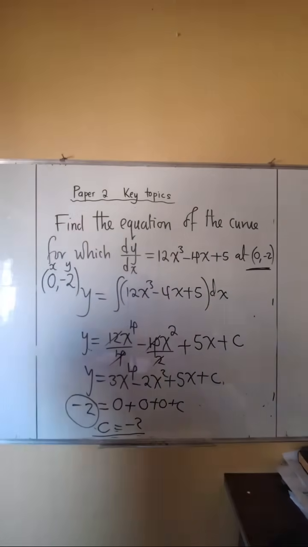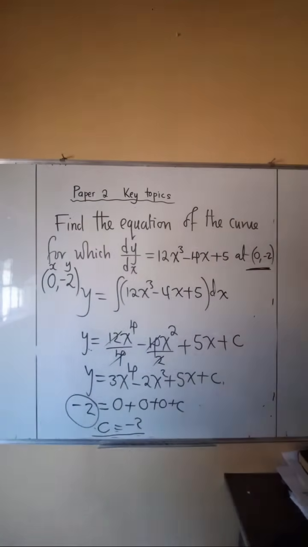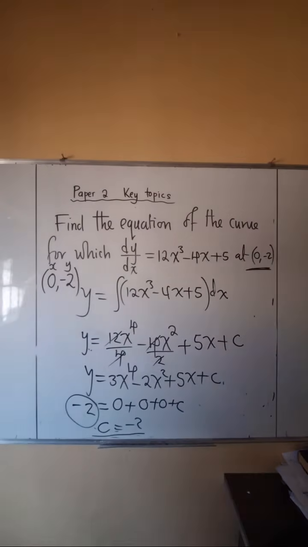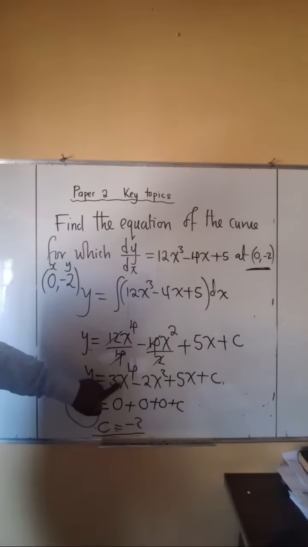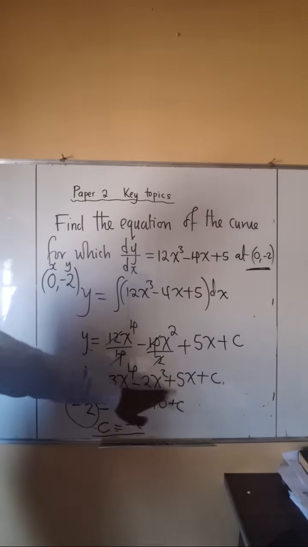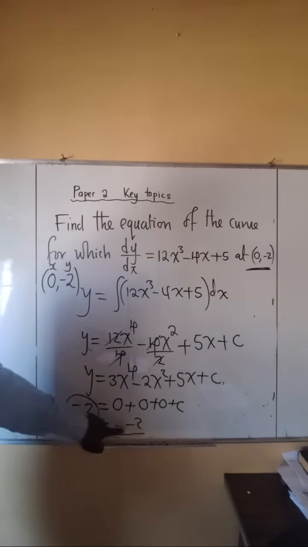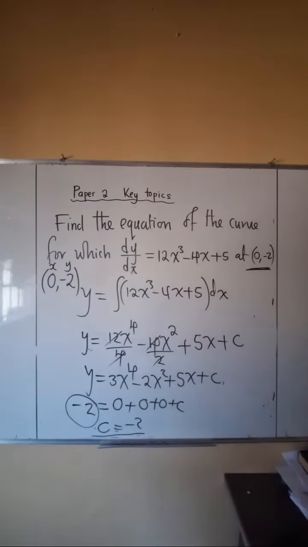When you get this 0, we substitute where x is. They will all be zeros, and we will only remain with a c. And this other side will remain with a -2, which is the value of c.